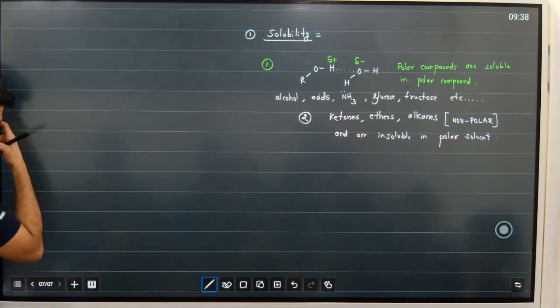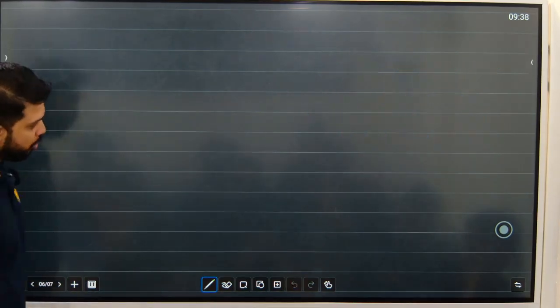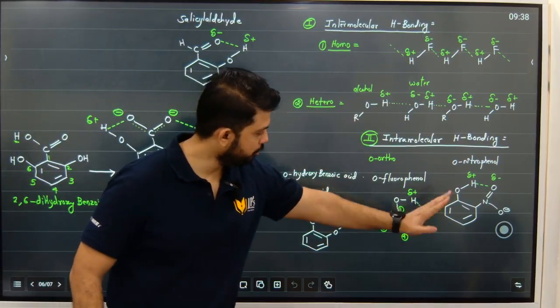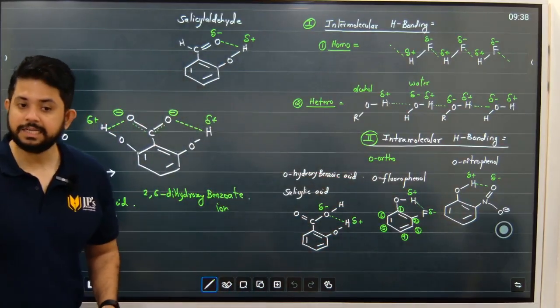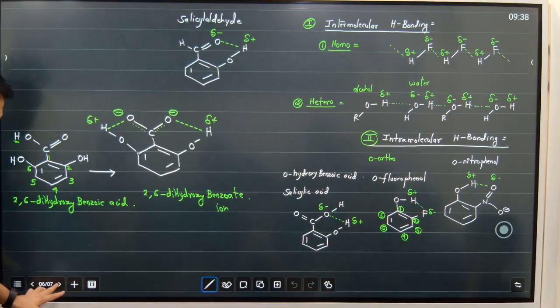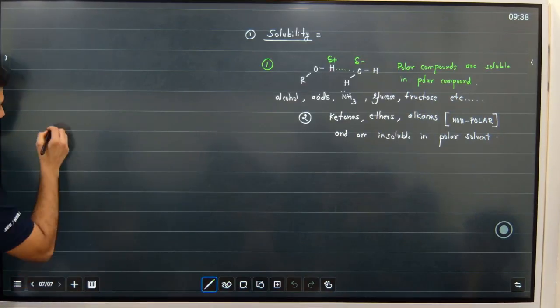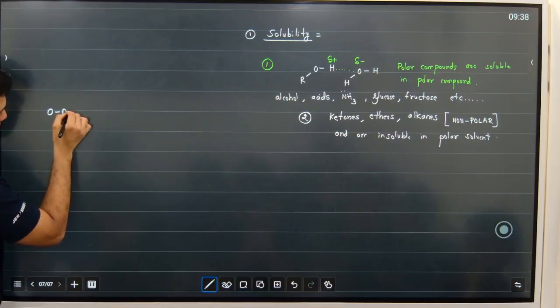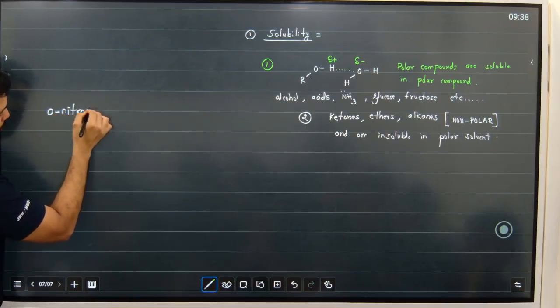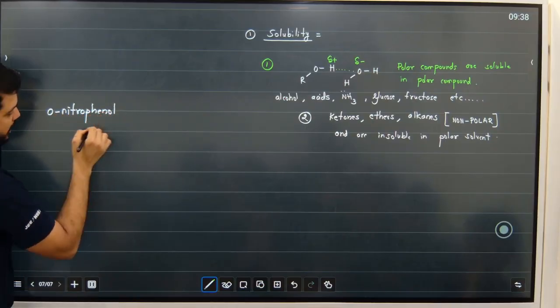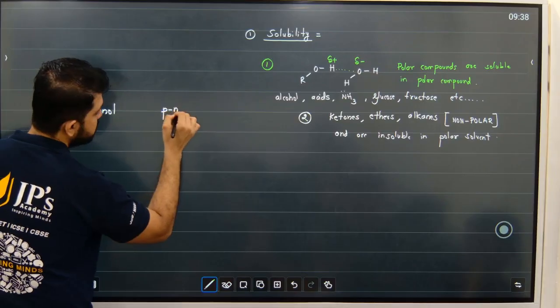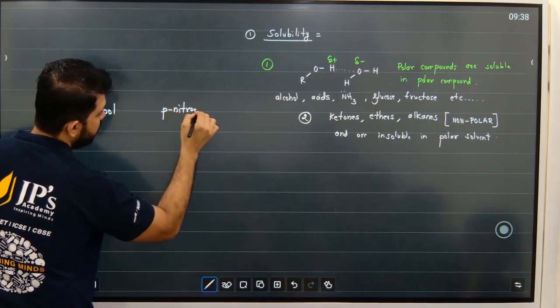Next, we just read that orthonitrophenol has intramolecular hydrogen bond. So if I consider two molecules, the first one is orthonitrophenol and the next molecule is called paranitrophenol.